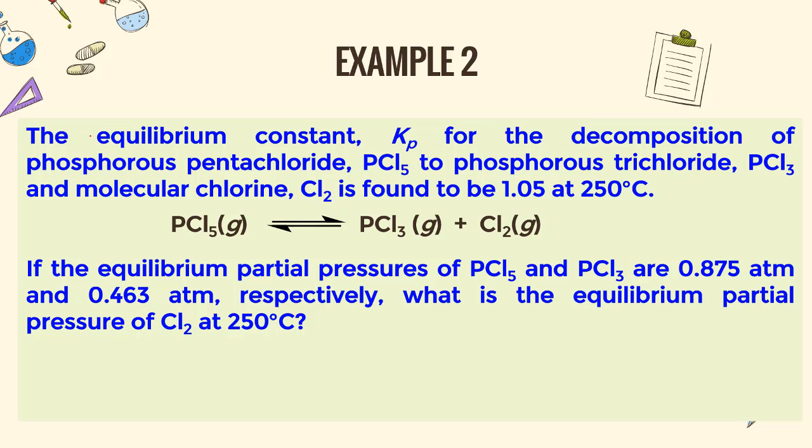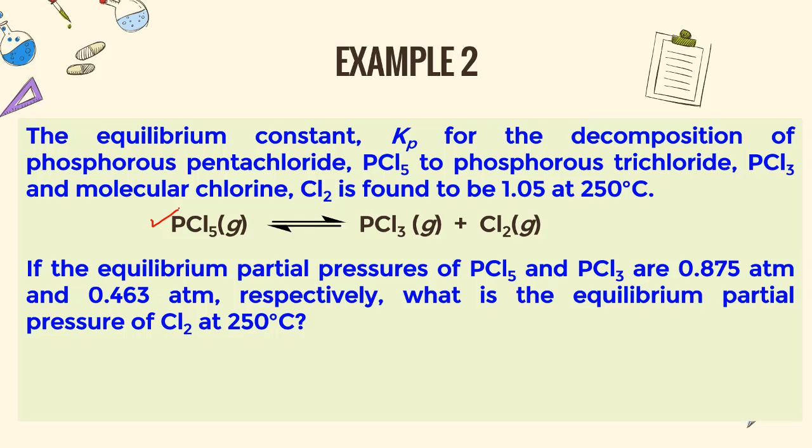And this is the balanced chemical equation. So you can see the decomposition of PCl5 phosphorus pentachloride undergoes reversibly. Okay, if the equilibrium partial pressures of PCl5 and PCl3 are 0.875 atm and 0.463 atm respectively, what is the equilibrium partial pressure of chlorine at 250 degrees Celsius?